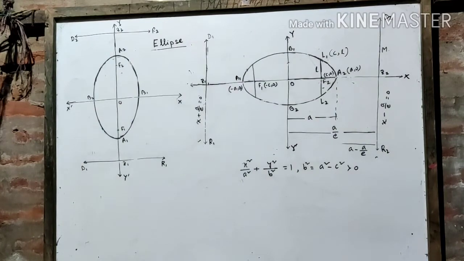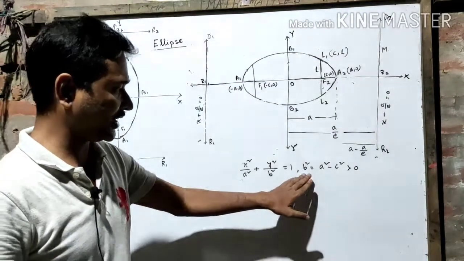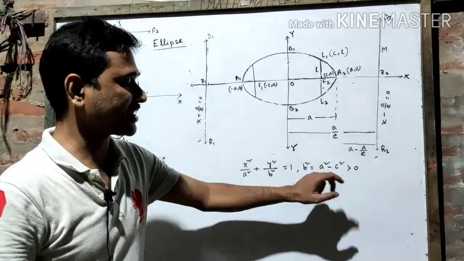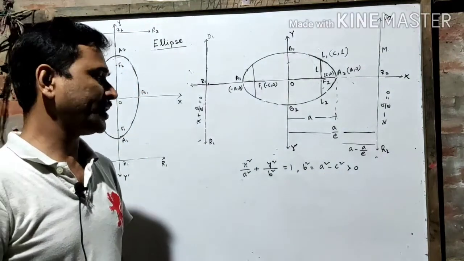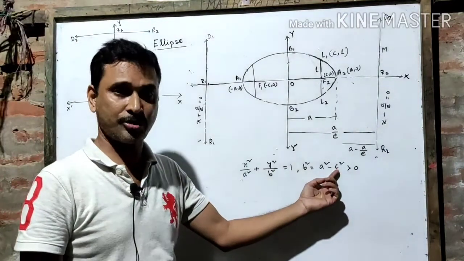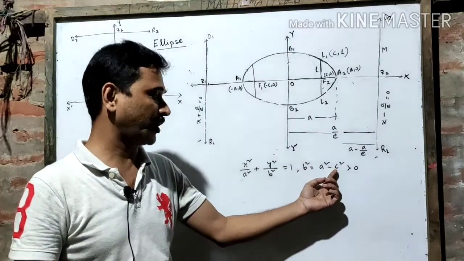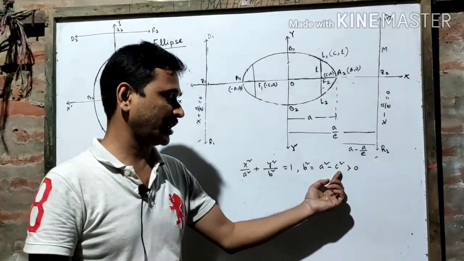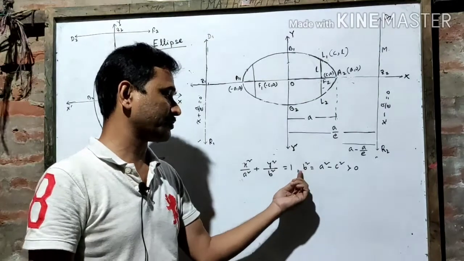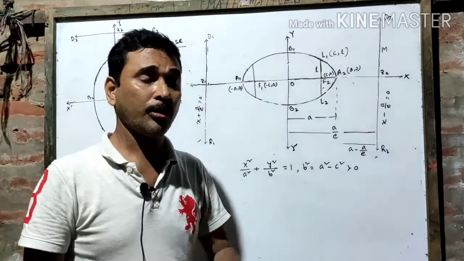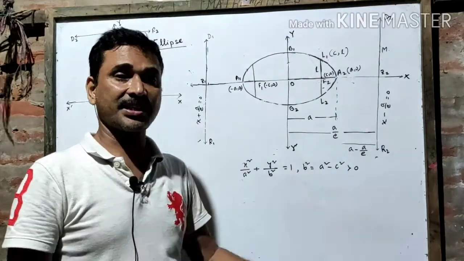So we see that a square is greater than b square, because c square is also a non-negative quantity. On subtracting this non-negative quantity from a square, it becomes equal to b square. So a square is greater than b square.